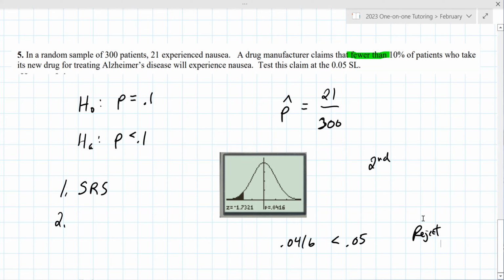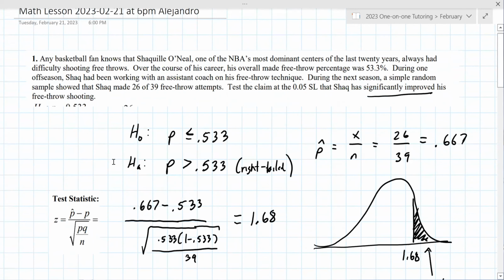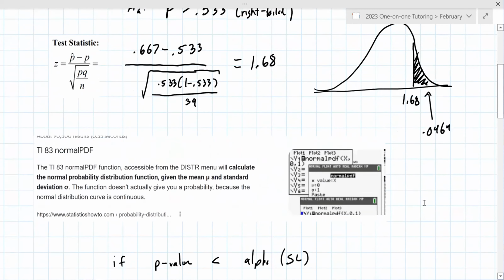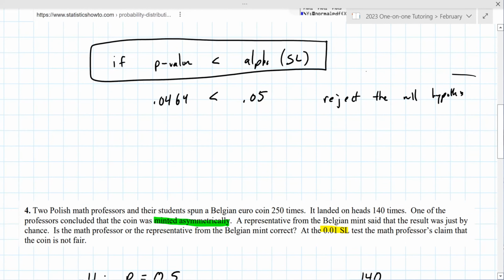So okay, the summary here is you have to write your hypotheses correctly. You need to know the test statistic formula. I recommend drawing it. Use the calculator if you can. And then it's very short: if the p-value is less than alpha, you reject the null hypothesis. If it's not, then you fail to reject.